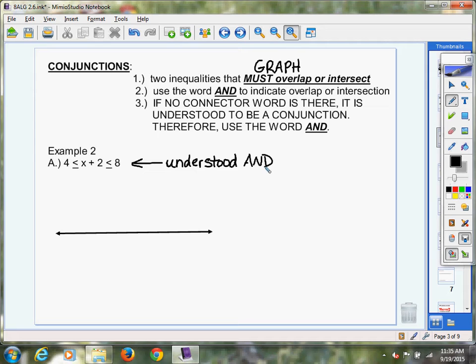Okay, so let me erase this because I want as much room as I can, and we're going to solve this. We need to get x by itself, and you see that there's actually two inequalities here. The first inequality says 4 is less than or equal to x plus 2.